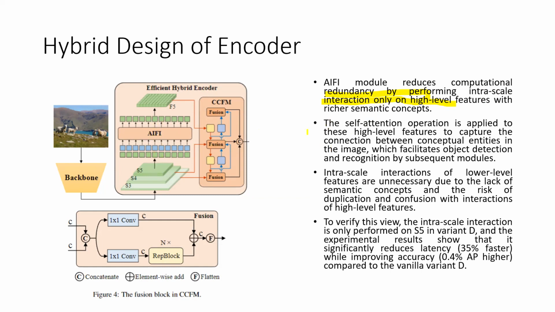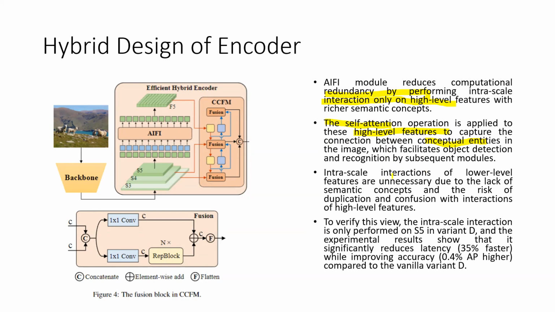The AIFI module is basically a self-attention layer of a transformer, applied to high-level features to capture the connection between conceptual entities in the image, which facilitates object detection and recognition in subsequent models.